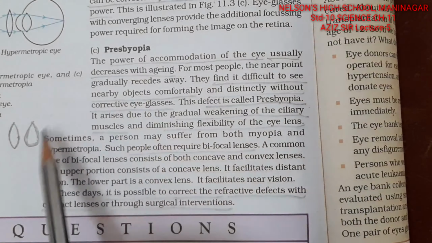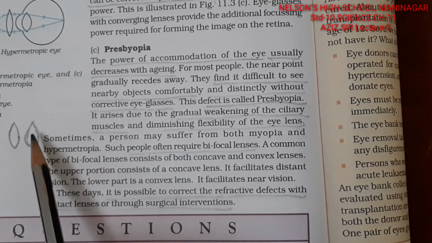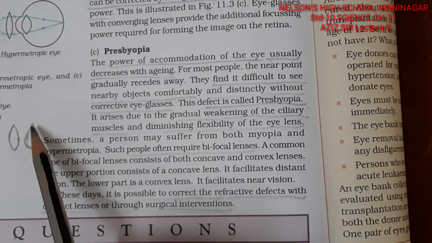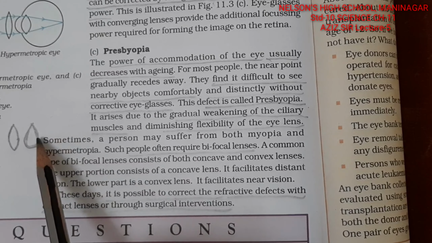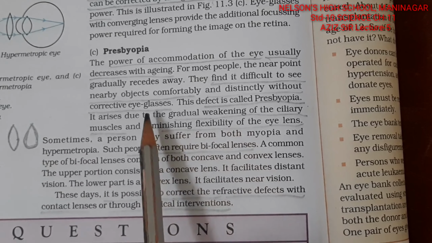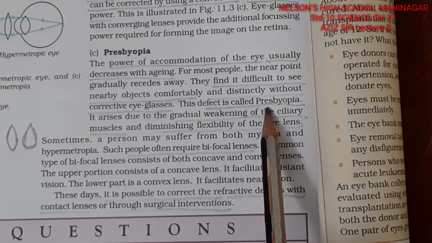Your eyes are not capable of pulling the lens into the correct position. Due to aging, the ciliary muscles lose control over it, and due to gravity the lower portion becomes thick and the upper portion becomes thin. This type of defect is called presbyopia.